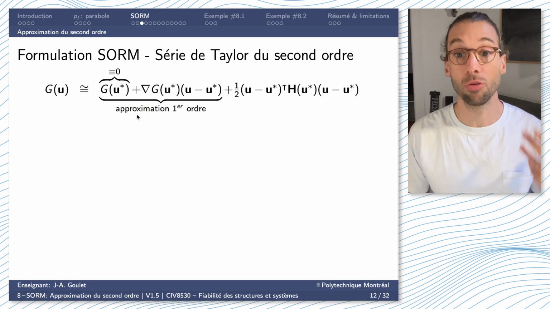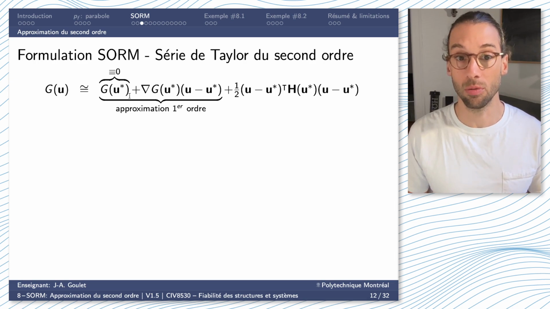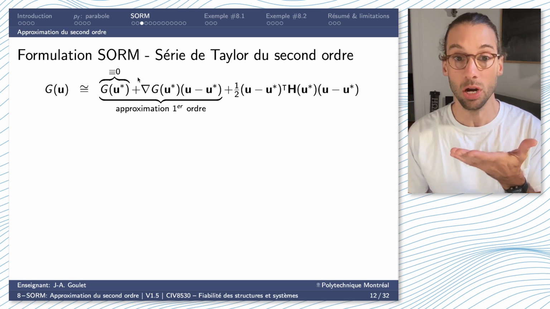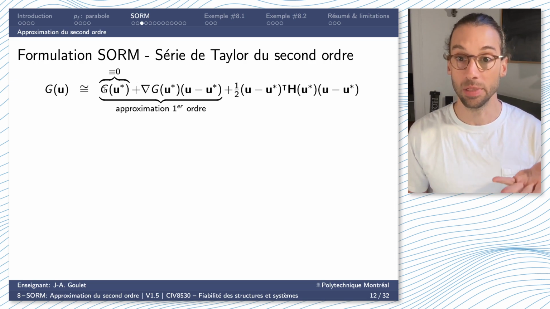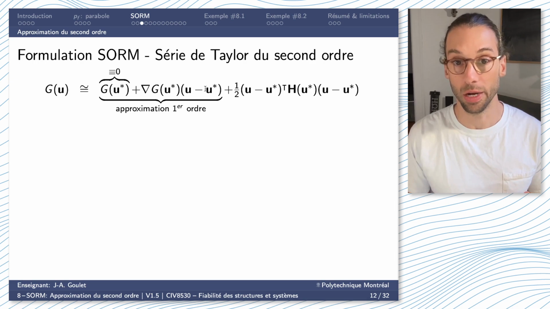That was our first order Taylor series approximation of G of U. Remember, we have a constant term here, plus the gradient times U minus U star. And since we're approximating that first order Taylor series on the design point, by definition, the limit state function at the design point should be equal to 0. Then we only have the gradient times U minus U star.